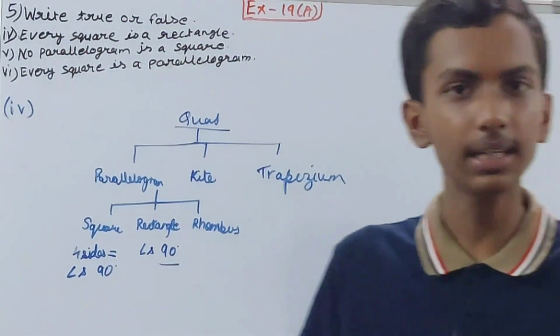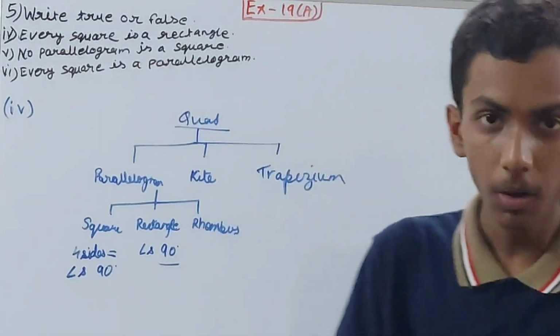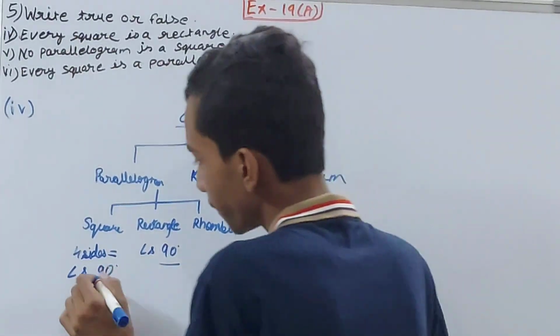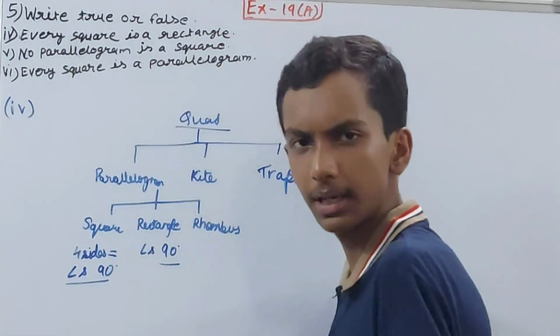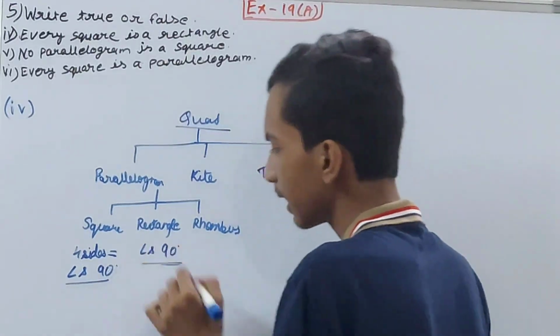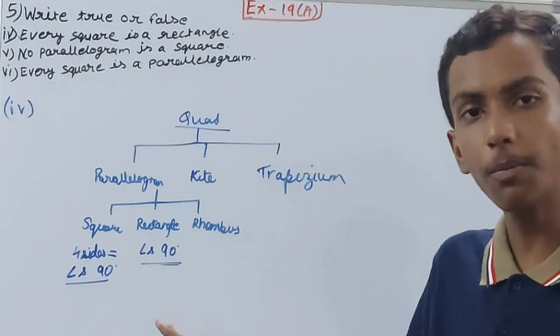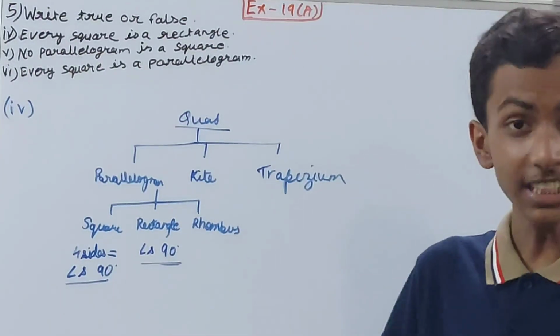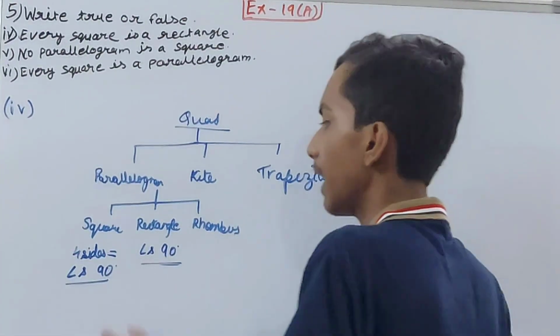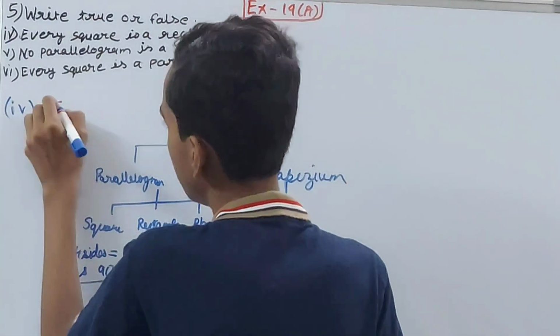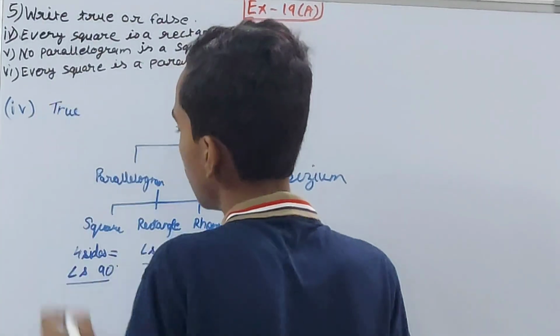Here also angles are 90 degrees, and here also. So is a square not fulfilling the properties of a rectangle? It is fulfilling. That means every square is a rectangle. So this statement is true.